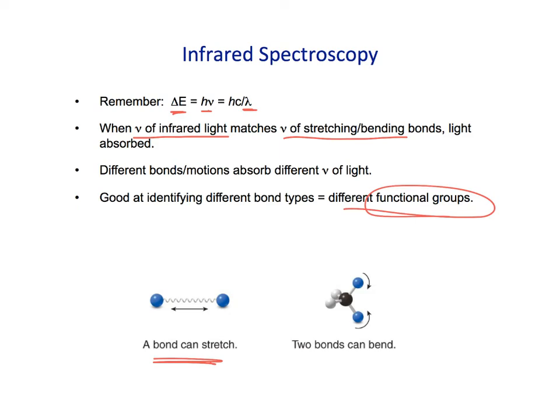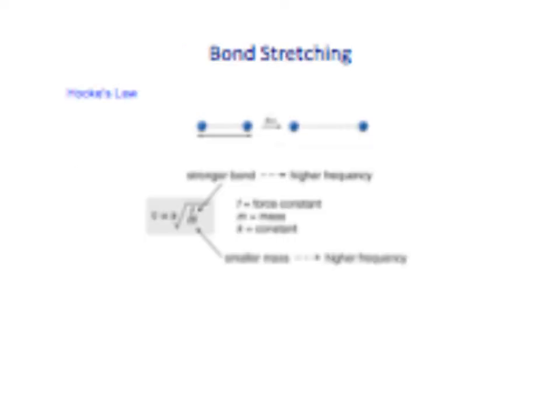They can do all kinds of complicated motions, and they have names for these, like scissoring and wagging and bending. Each of those motions happens at a different frequency and can absorb a different frequency of light. Like mass spectra, we will see absorptions in the IR that we can't interpret, so we're going to look for some very specific areas that we can try to interpret.